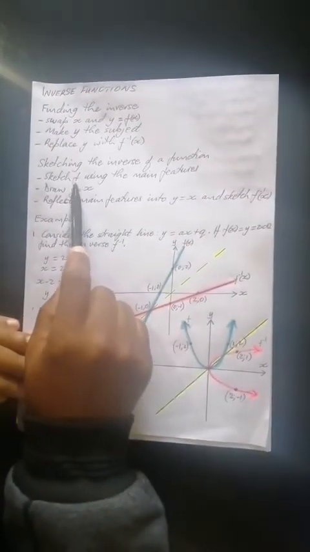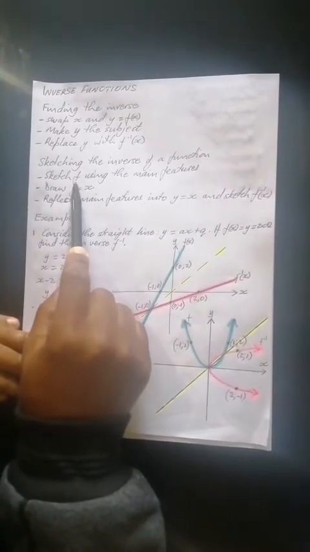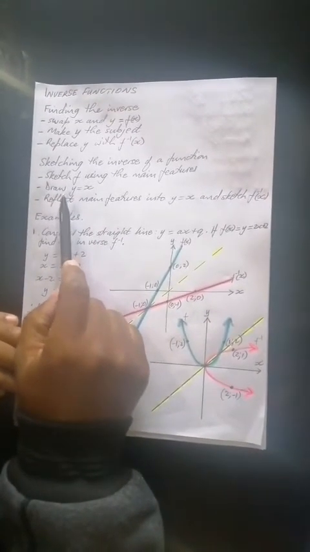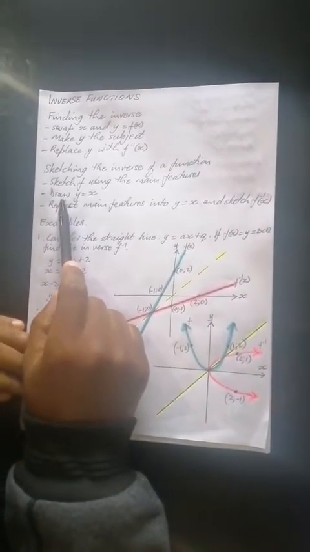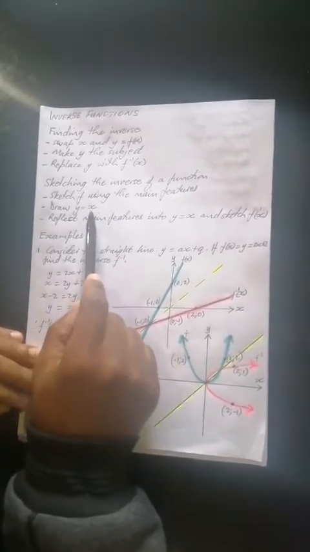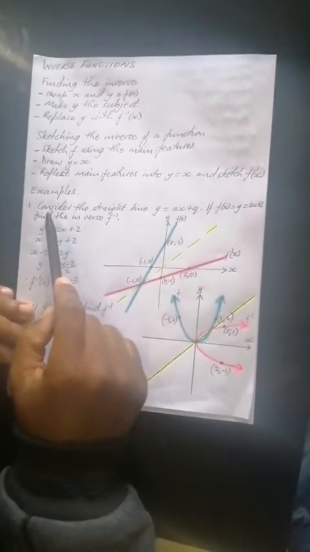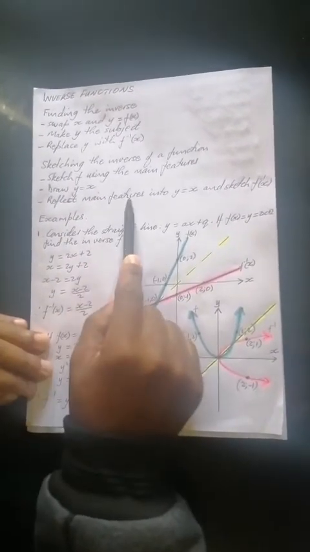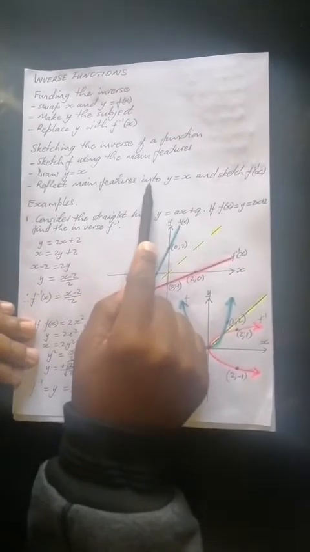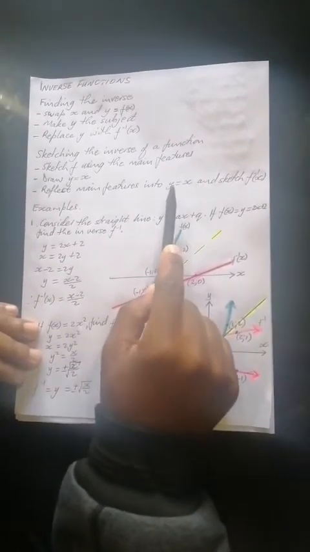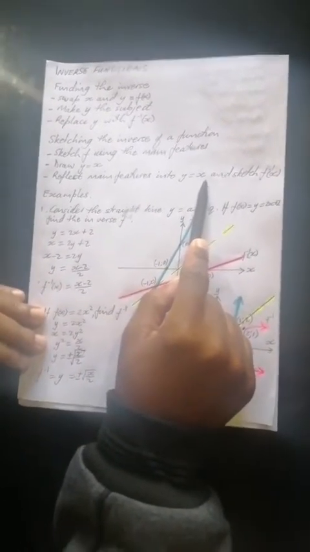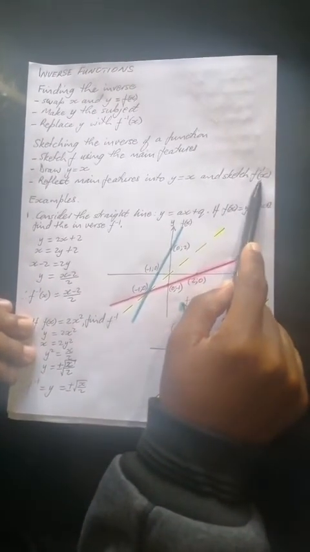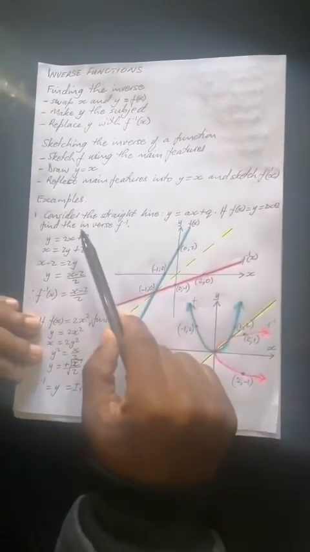When the graph of f is drawn, you then draw in dotted line the graph of y is equal to x. Once that has been done, you then reflect the main features of f in the line y is equal to x. And then you can sketch your inverse of the function.